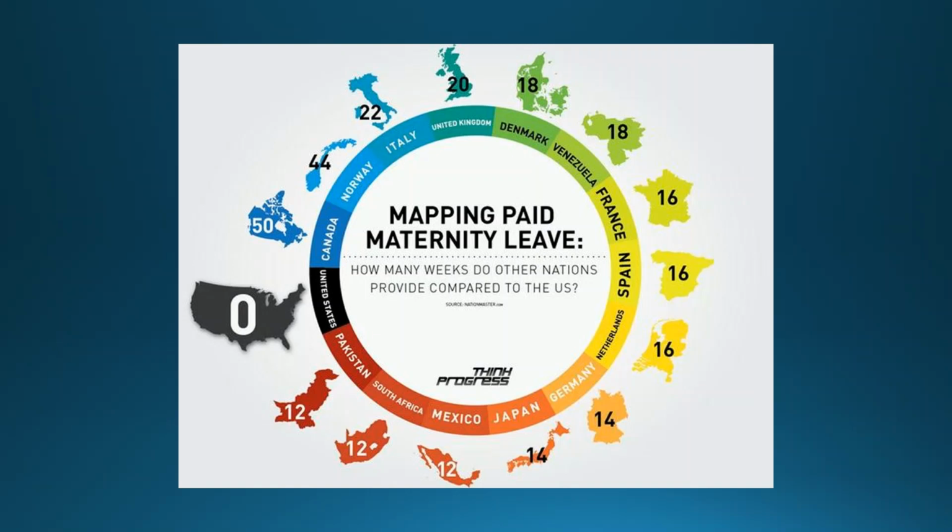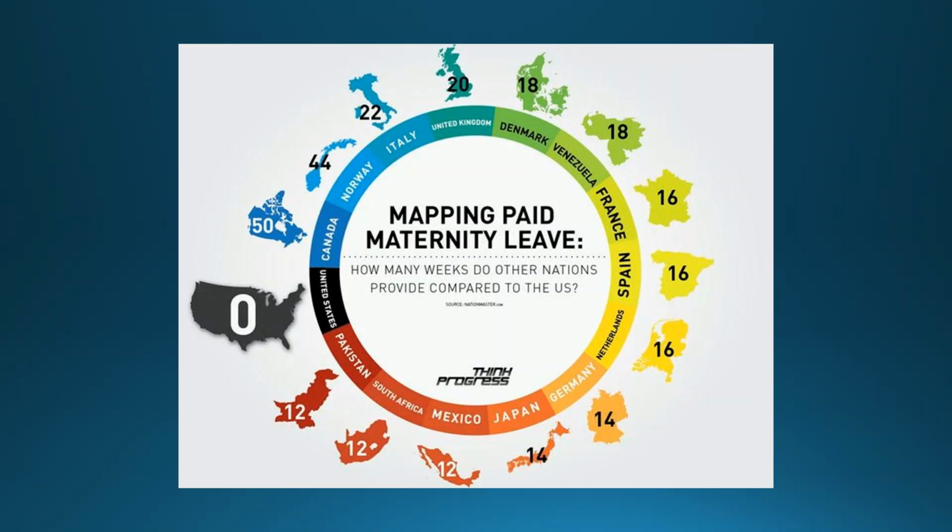California allows you to take your sick time, but around the world, in Canada, you get 50 weeks of maternity leave. France, you get 16 of paid maternity. This is paid maternity leave. This is not even talking about unpaid maternity leave. Unpaid maternity leave means you're not going to get paid, but they'll hold your job. In the United States, we only get 6 weeks of that. And we get no mandated paid maternity leave.